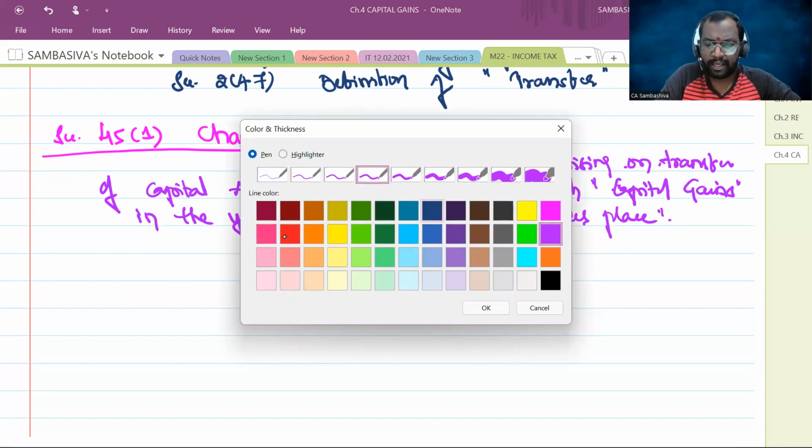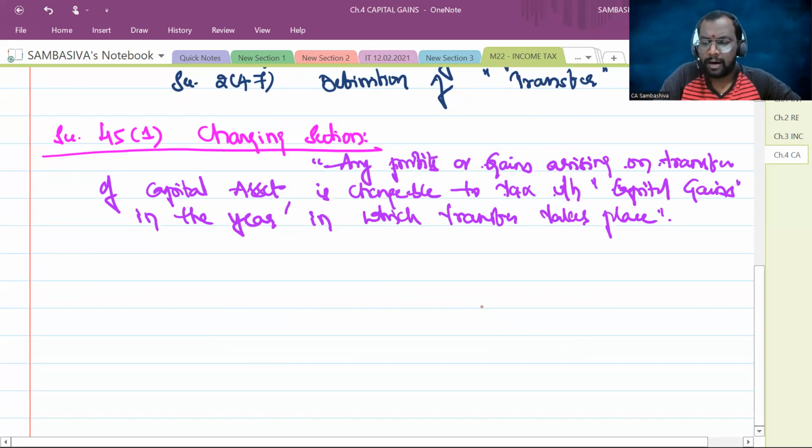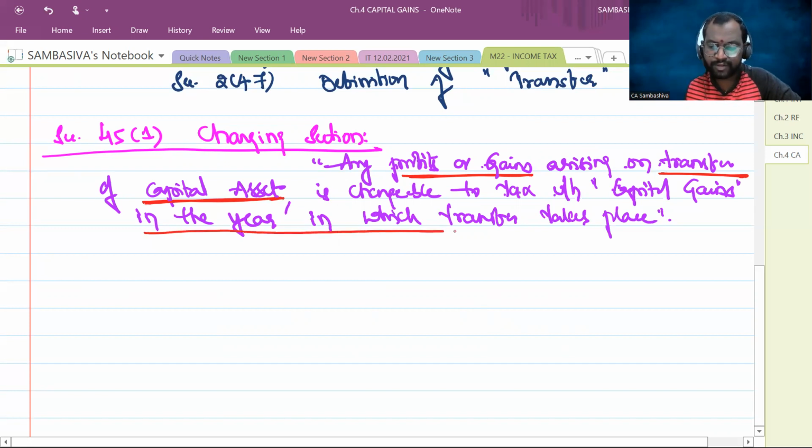Can anyone repeat it once again, sir? Any profits or gains arising on transfer of a capital asset is chargeable to tax under the head capital gains in the year in which the transfer takes place.